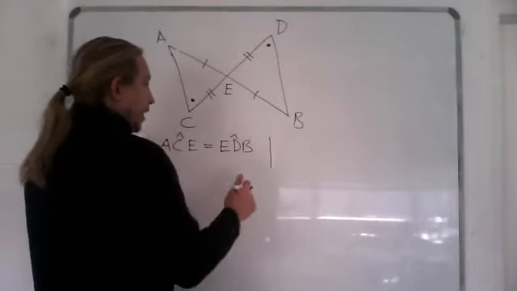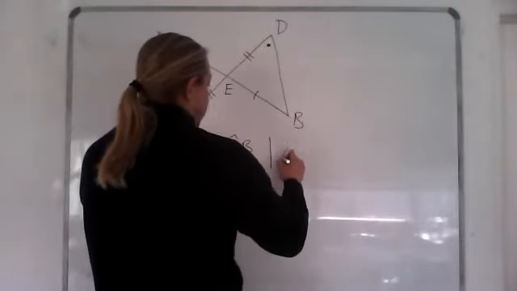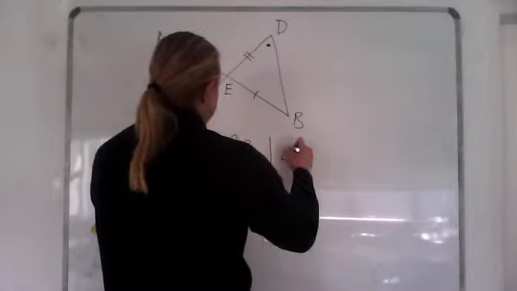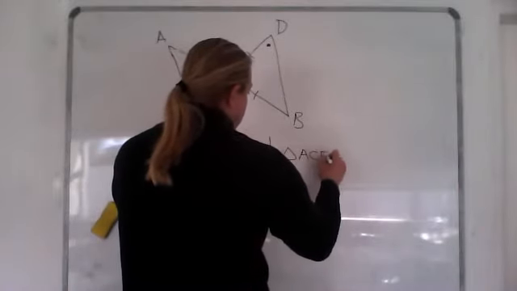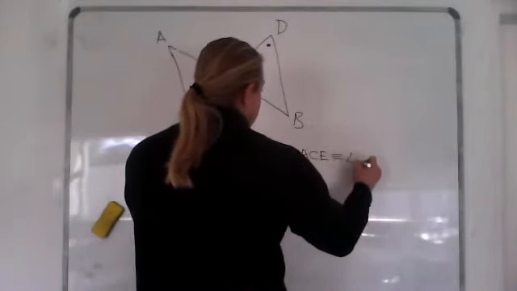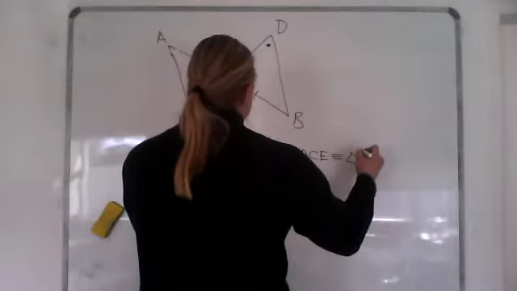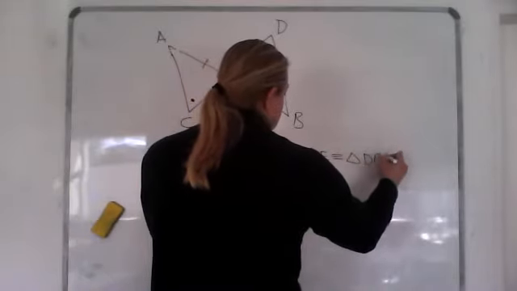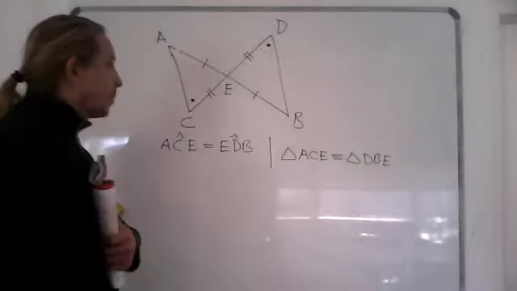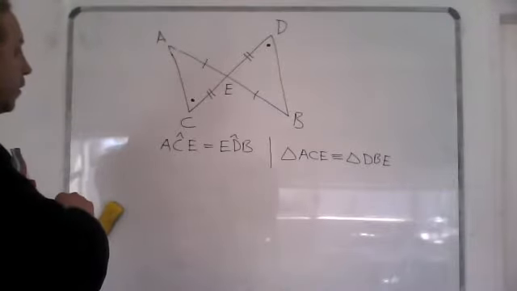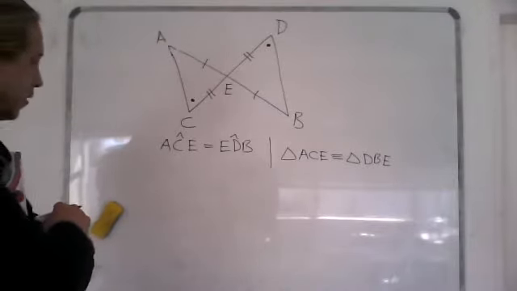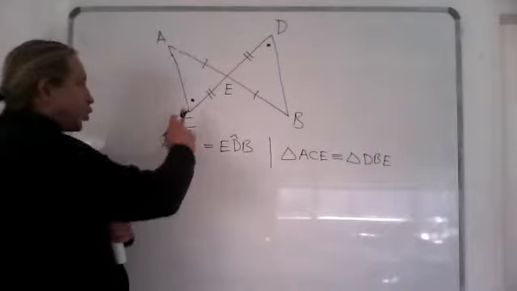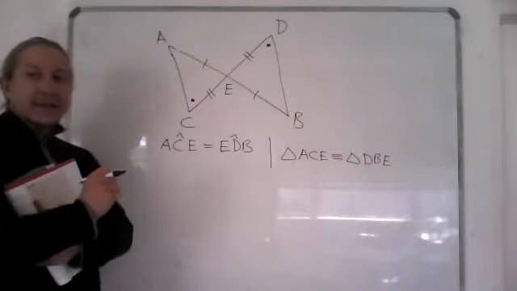So that's what we're going to say: that triangle ACE is congruent to triangle DBE. All right, so that is our reason. Cool. We've shown that these two angles are the same.